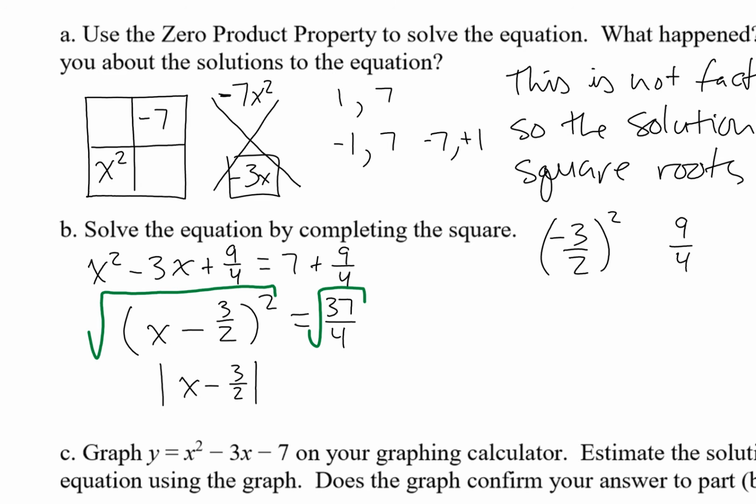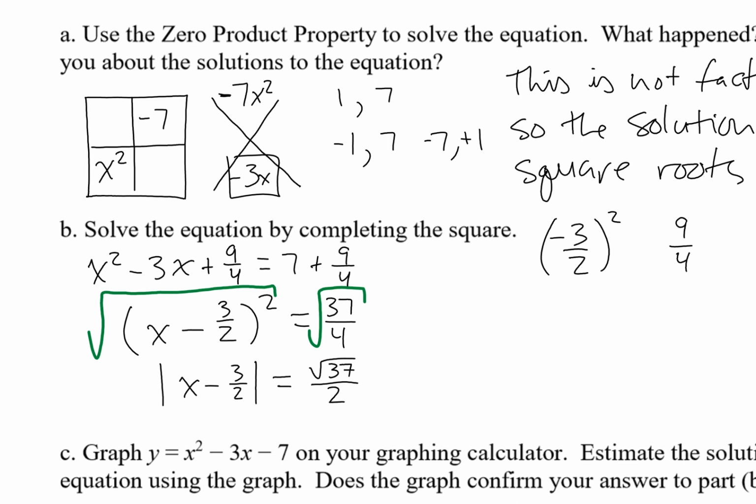On the other side, I'm going to simplify this root 37. This is the same thing as the square root of 37 divided by the number 2. So you can see what I did. I had root 37/4. Well, that's the same thing as root 37 over root 4, which is equal to root 37 over 2.